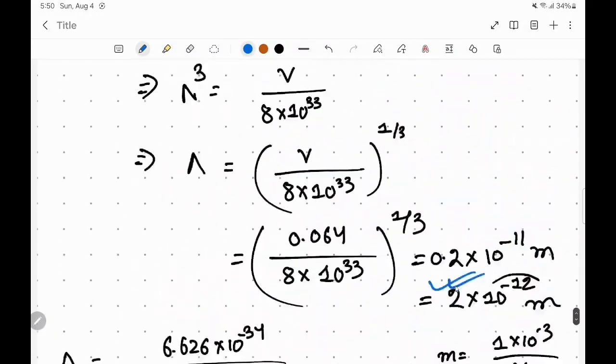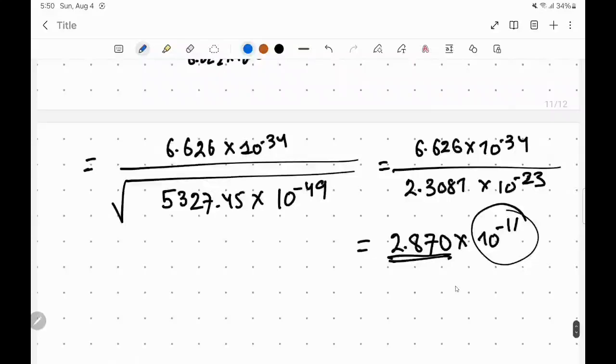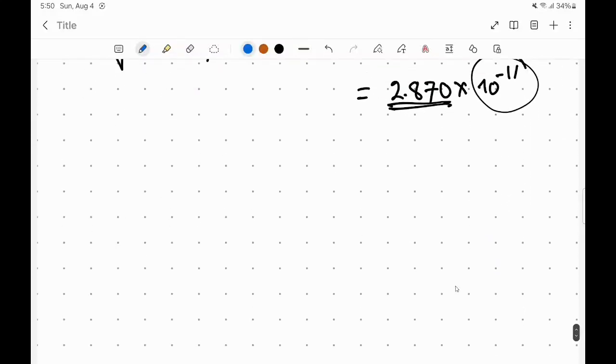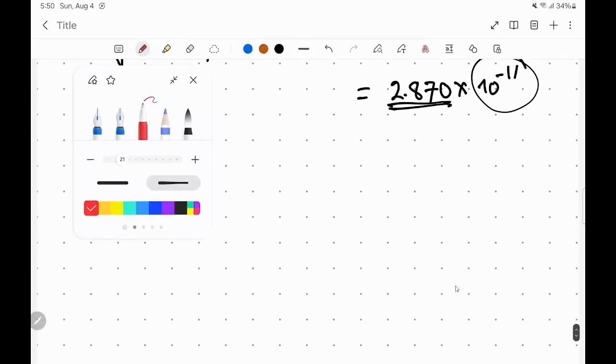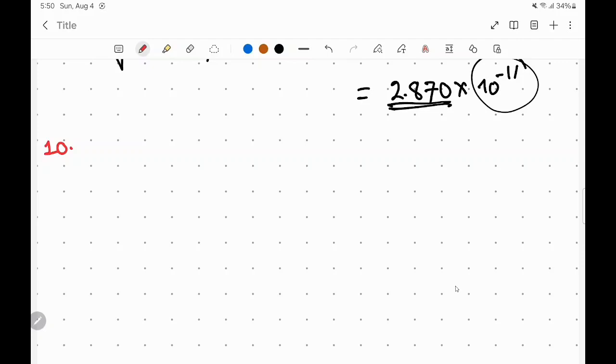Okay, so now question number 10. This will be our last question probably. Check it. Question number 10. It is 4. Yes, last question. This is easy.